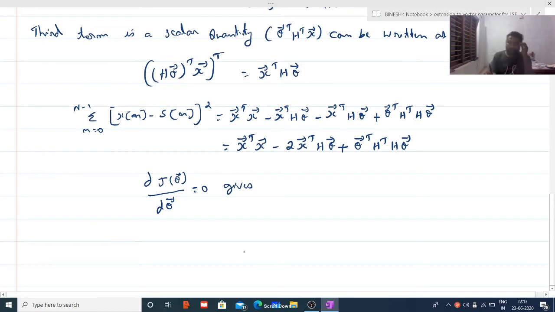You have one identity, that is dou by dou theta of b transpose theta will be equal to b. I think that I have derived it while taking the previous classes. Just verify that one. That derivation, how it is getting, I have derived it. So I use that identity. Already derived.